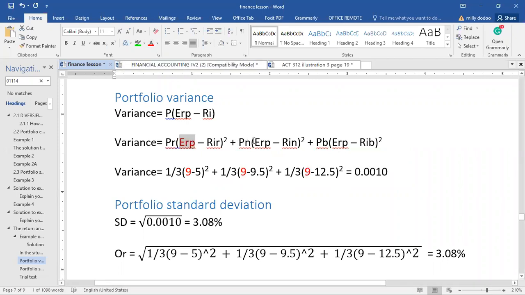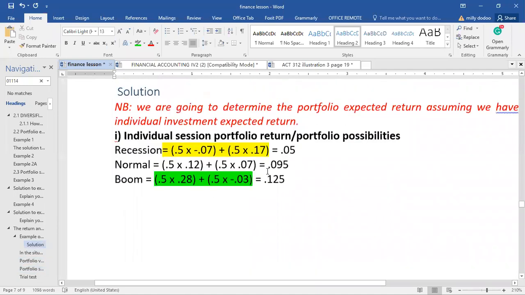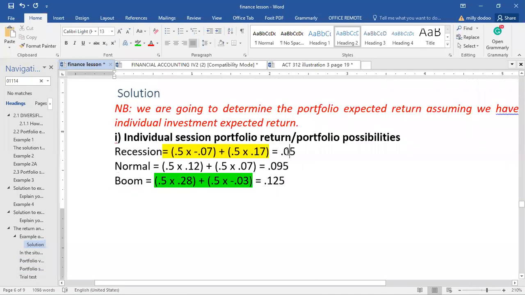So you should know that your portfolio expected return is very, very vital in whatever you are doing. So this is portfolio expected return. When it was standalone, we said the investment expected return minus the required return. This is portfolio. Are you getting the scenario? Good. Minus the first 5%, this particular 5% is what I'm talking about over here.